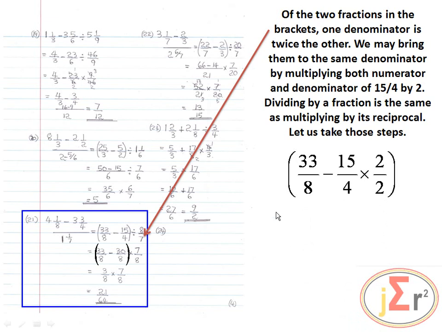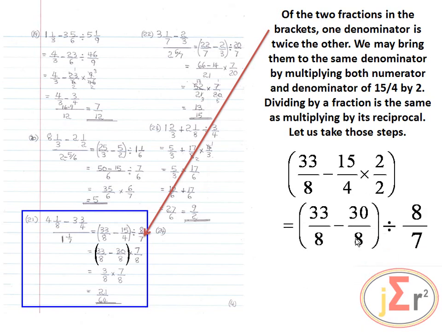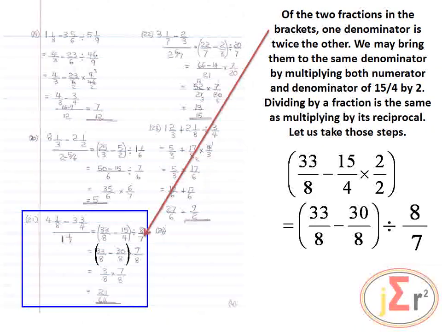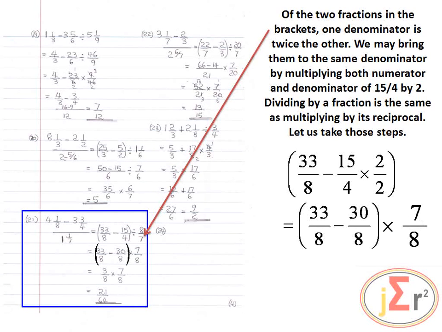So we have 33 over 8 minus 15 over 4 times 2 over 2, because we are saying 2 times 4 is 8. Not enough, we need to multiply the numerator also, so 2 times 15 is 30. So we have 33 over 8 minus 30 over 8. And there now we are including the one that we are dividing by, so we multiply by the reciprocal.